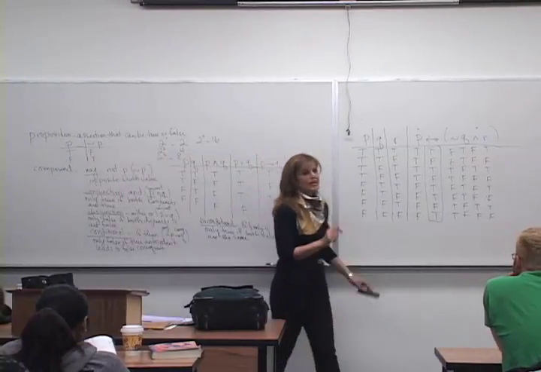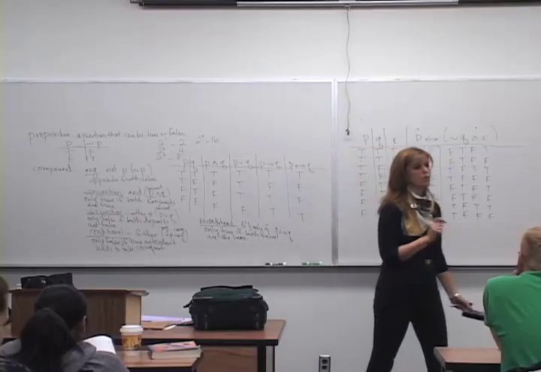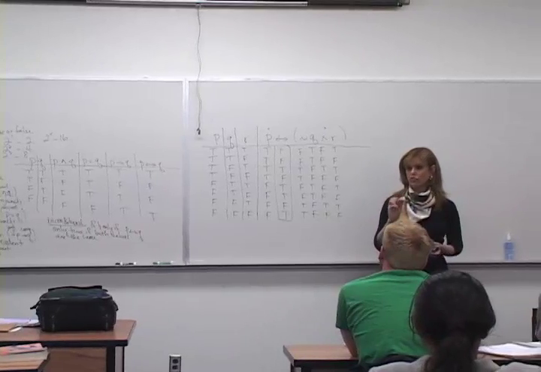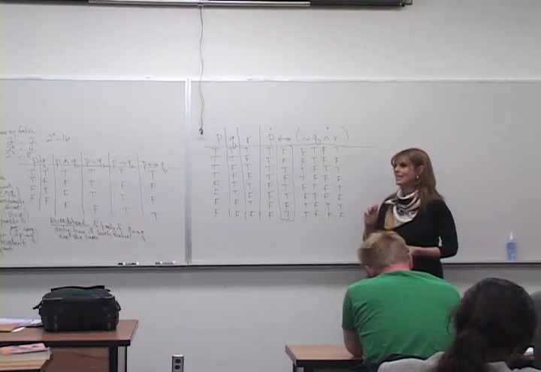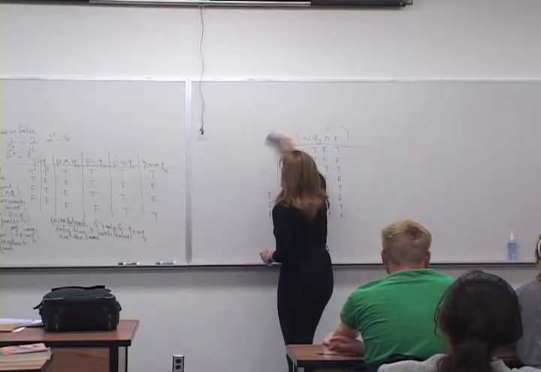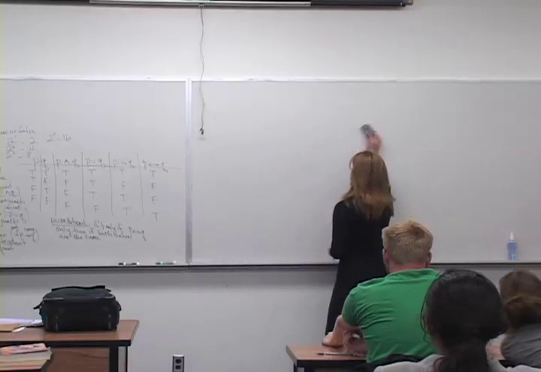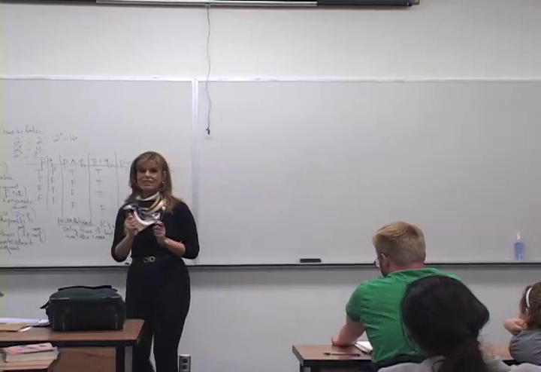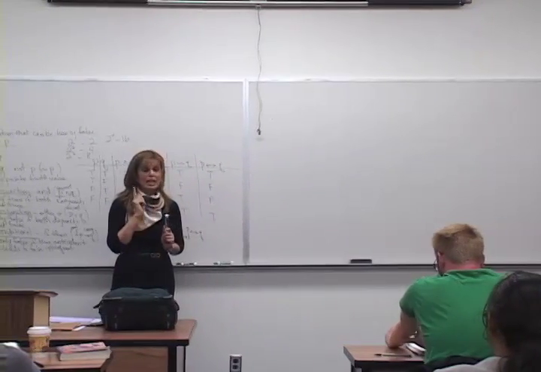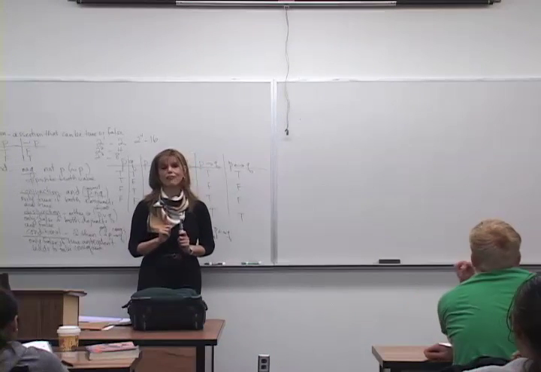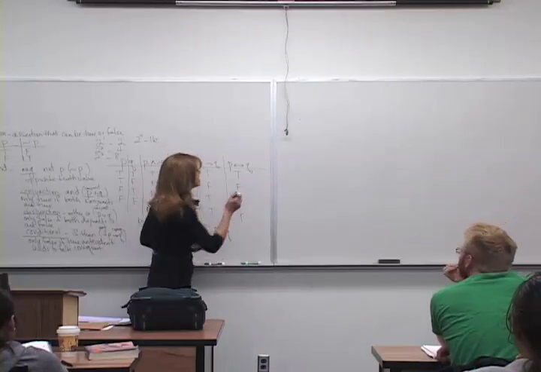So another way that we use truth tables is for arguments, in order to determine whether an argument is valid or invalid. So what is the definition of a valid deductive argument? Remember we talked about that? A valid deductive argument says, if the premises are true, what does the conclusion have to be? True. So that's the definition.